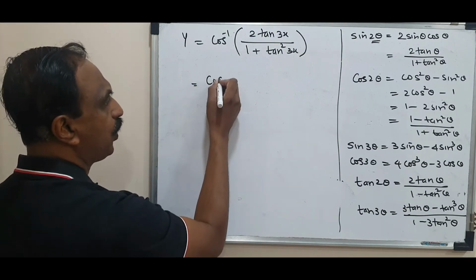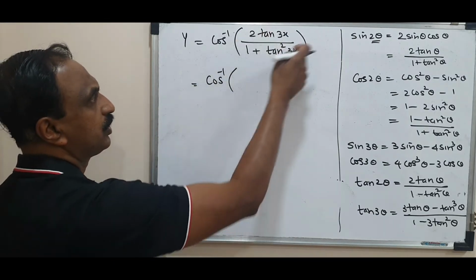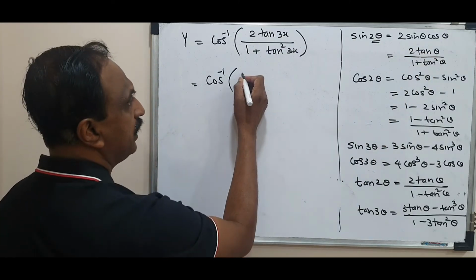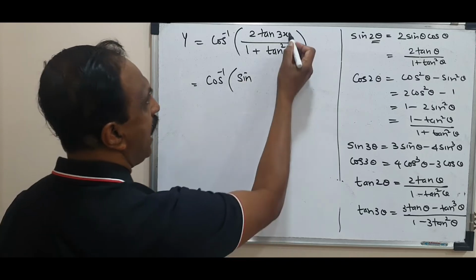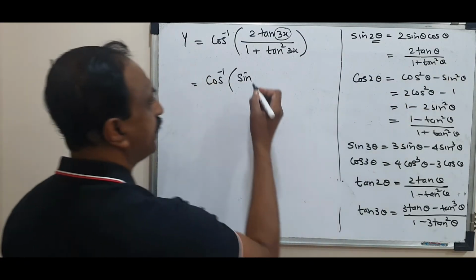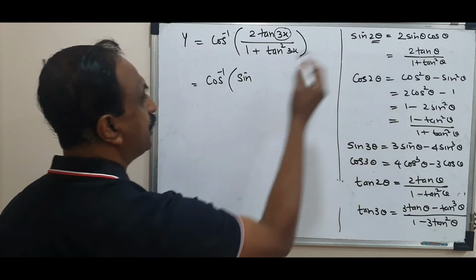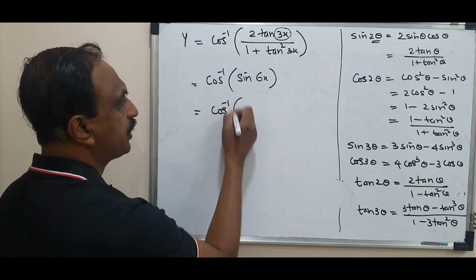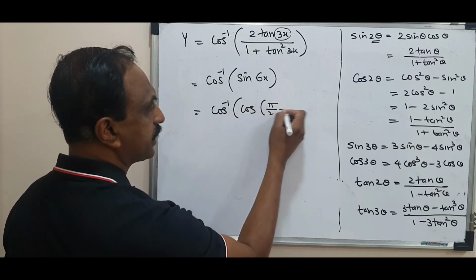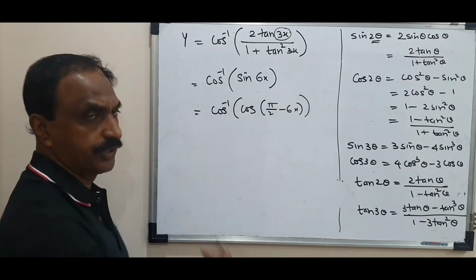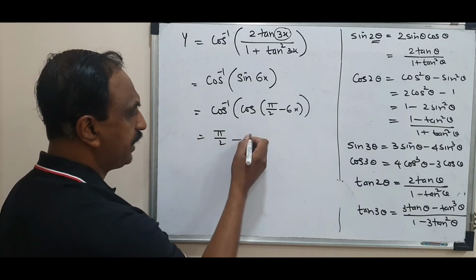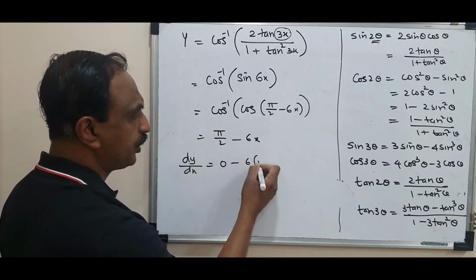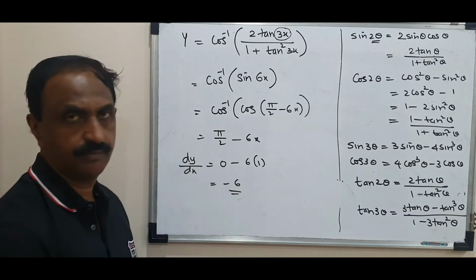This is identified with this formula, so I can write sine, where the angle is 3x here, angle is theta here. So in the final answer, the angle doubles, so 6x, which I can write as cos inverse of cos of pi by 2 minus 6x. Now cos inverse cos will get cancelled, so pi by 2 minus 6x. So dy by dx will become 0 minus 6 into 1, so we'll get minus 6 as the answer.